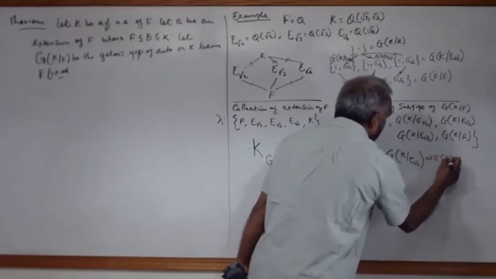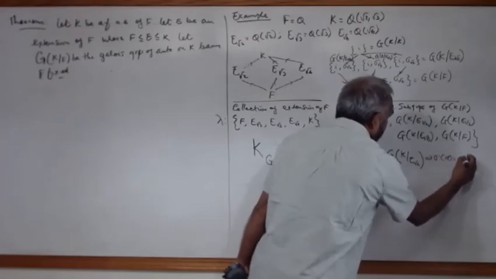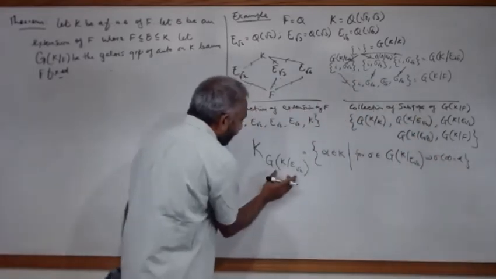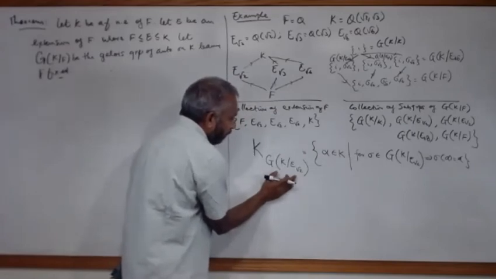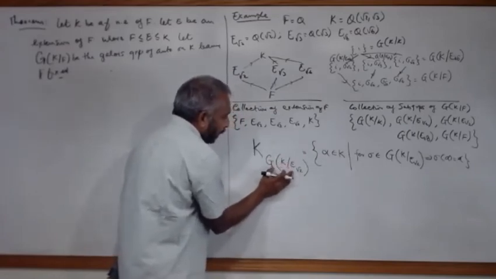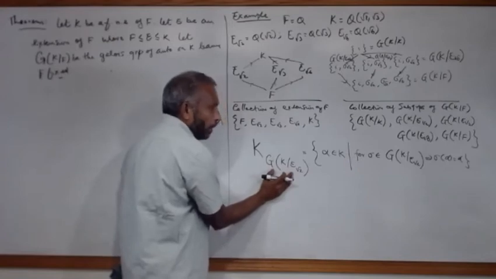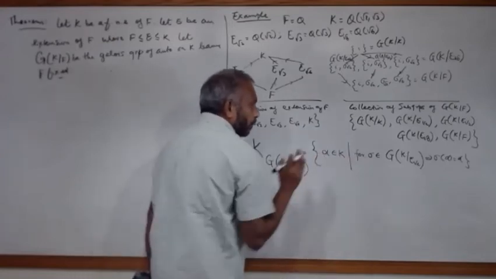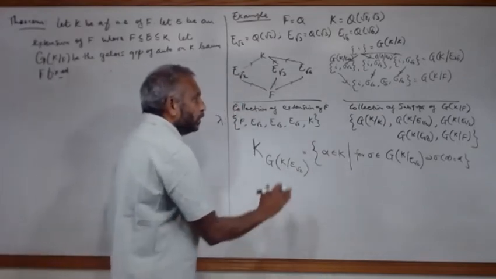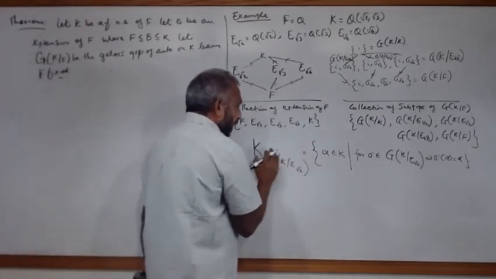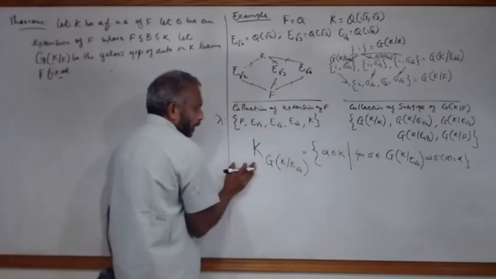Sigma of alpha is equal to alpha, meaning every element of this group maps alpha to itself. So that is the collection we are talking about here.